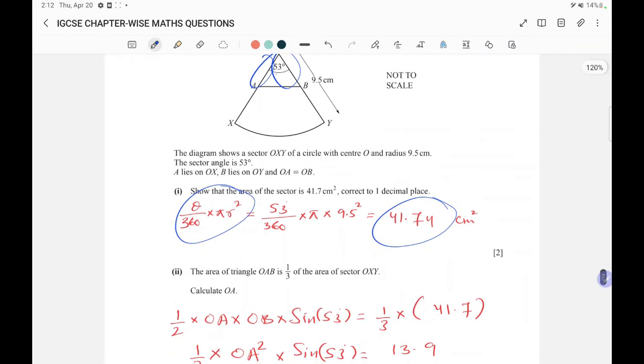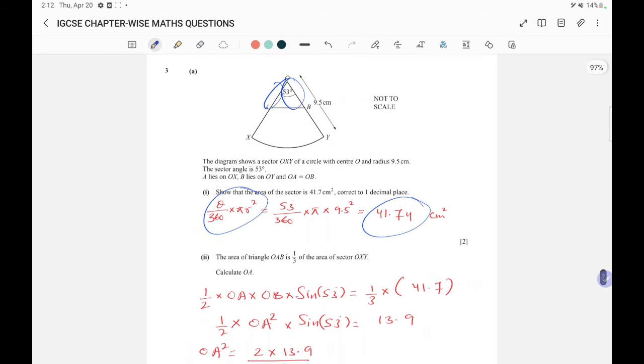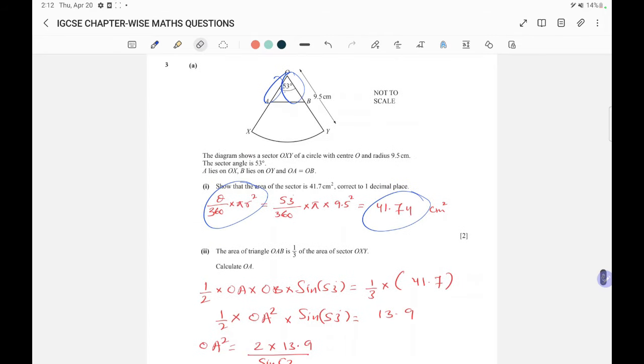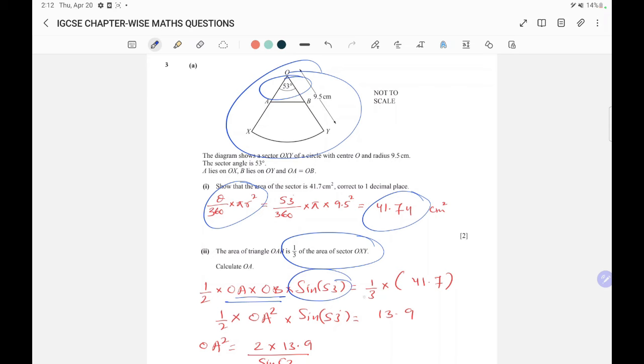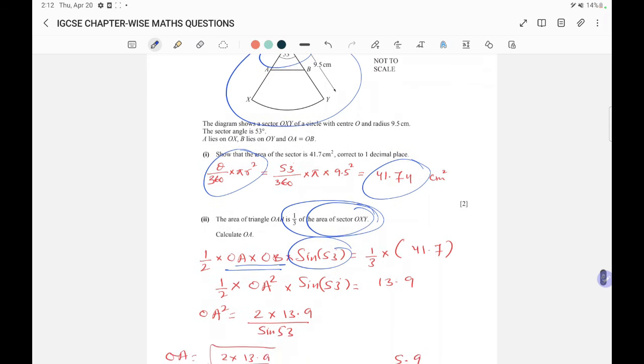Now area of the triangle OAB. Area of the triangle OAB, this part is 1/3 of OXY. So area of the triangle, 1/2 OA times OB sine 53 equals 1/3 times area of the sector, which is 41.7.